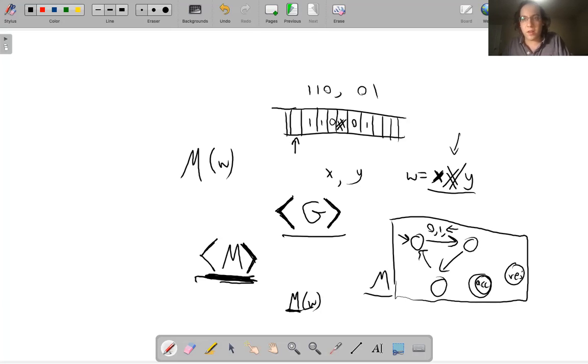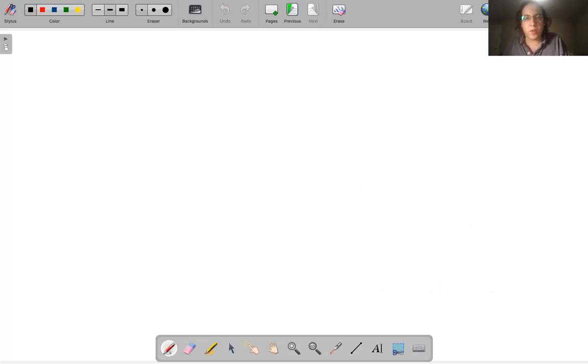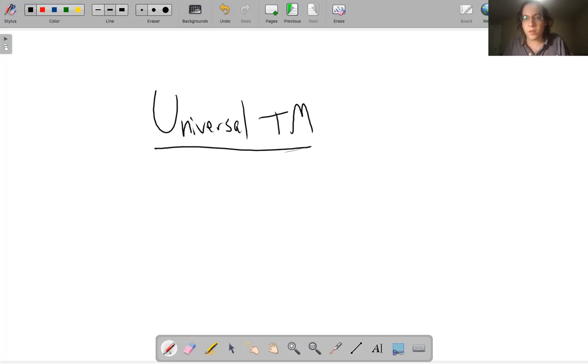One particularly useful thing you can do with Turing machines is that you can have a universal Turing machine. The universal Turing machine is a Turing machine that takes the description of another Turing machine as input and then basically simulates it.